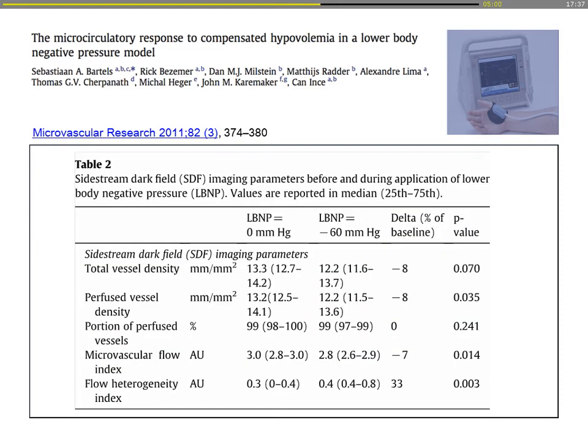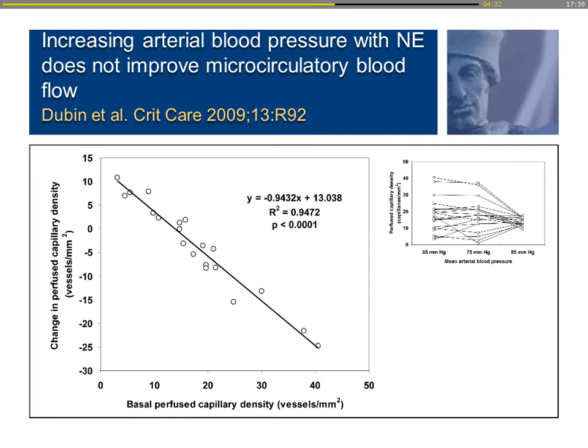What he found is if you decrease stroke volume by increasing the negative pressure in the chamber, you will have a decrease in your microcirculation. So this is at 0, and this is at maximum minus 60 millimeters of mercury, and you will see a decrease in microvascular flow. You will see a decrease in perfused vessels. So indeed, this parameter under the tongue follows physiology in these controlled experiments.